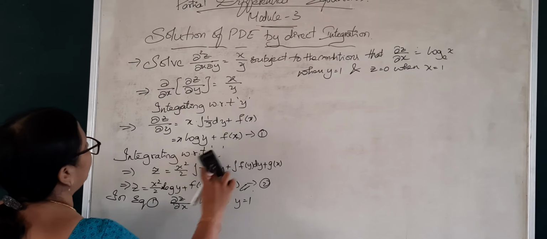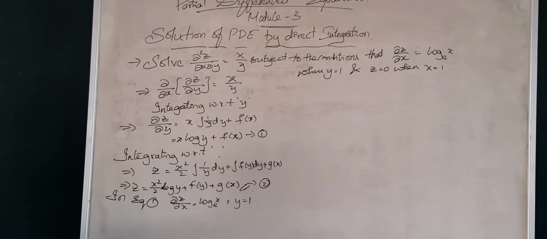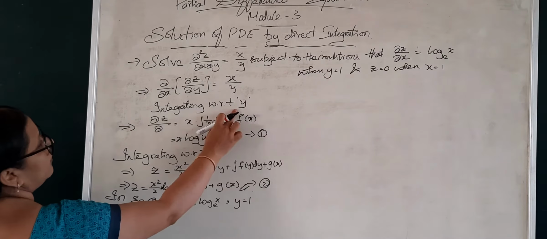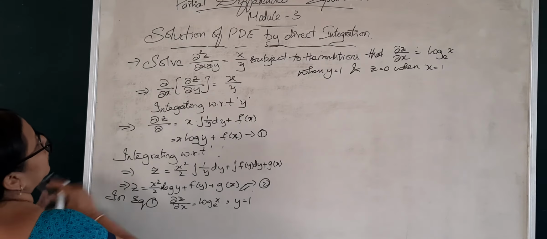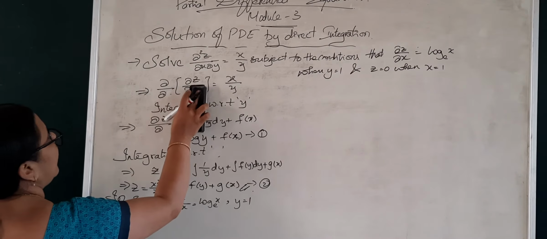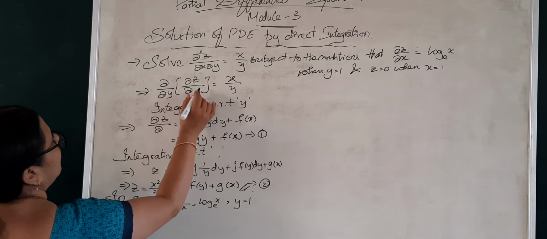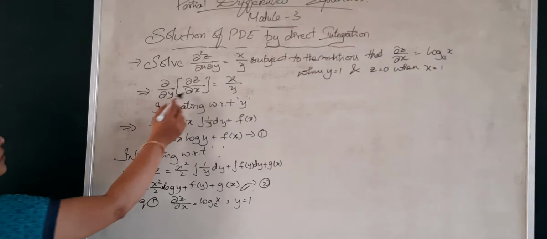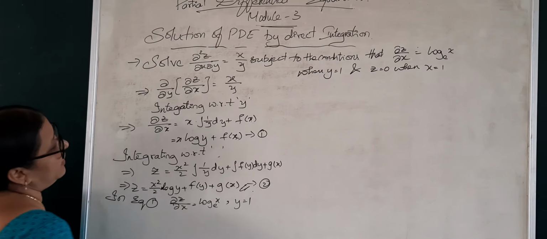Now to get rid of this, we are integrating with respect to y. Therefore, you can rearrange this as dou y of dou z by dou x. Now this y is gone. What is remaining here? Dou z by dou x.